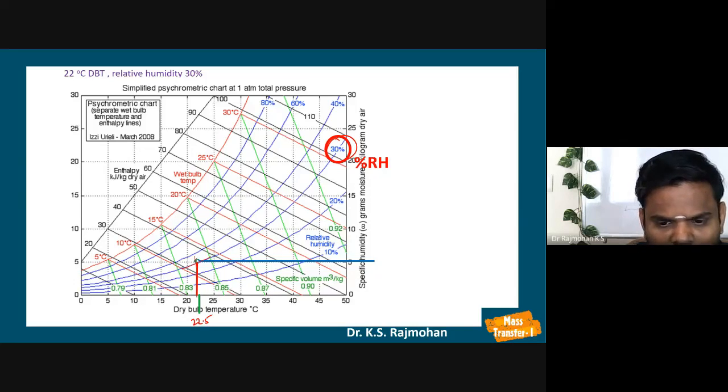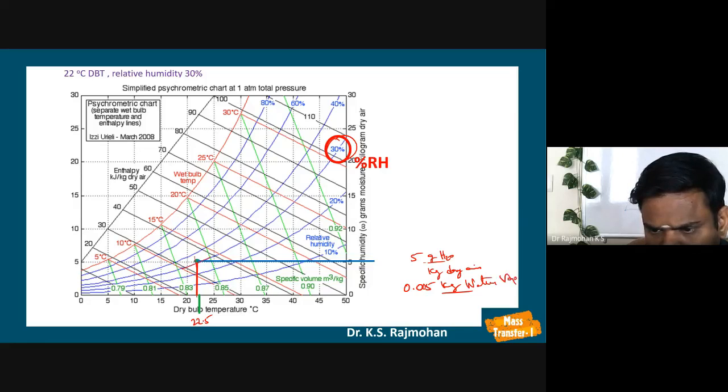Okay, so for the value corresponding to it, we can get the specific humidity, or the grams of moisture. It is mentioned 5, right? Grams of moisture per kg of dry air, or you can say 0.005 kg of water vapor per kg of dry air. Why?